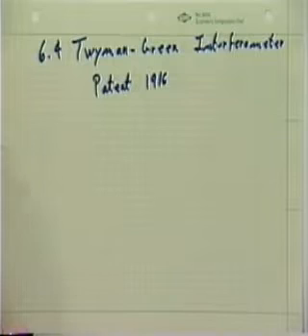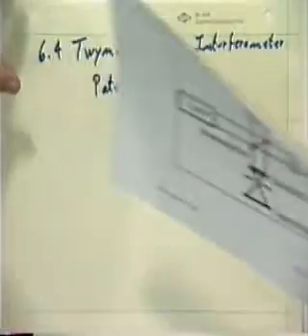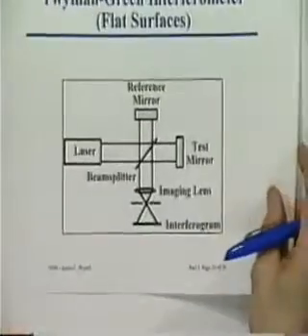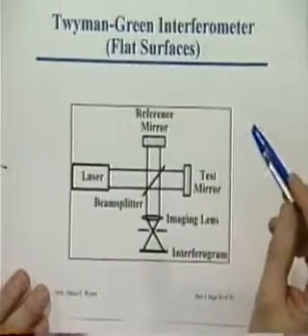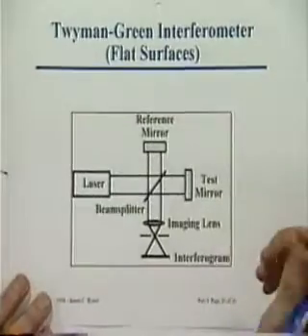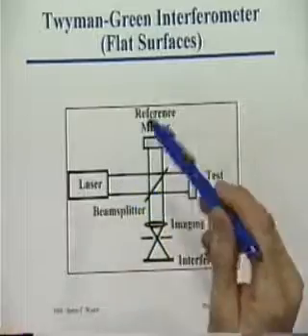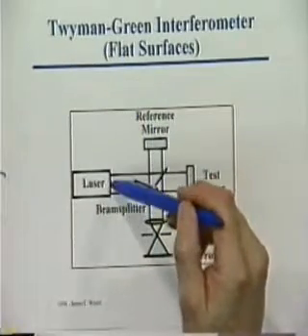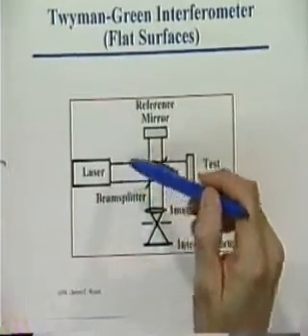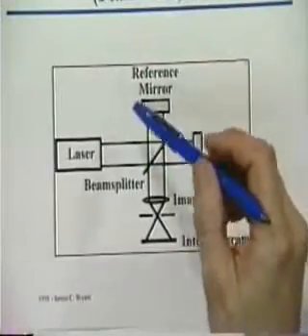And I will show a laser as a source, but I guess in 1916 they didn't use a laser as a light source. But what they did here, boy, it looks a lot like a Michelson, doesn't it? The only difference here is that in the Twyman-Green, we use a point source. In this case, maybe it's a point source at infinity, so it's a collimated beam.